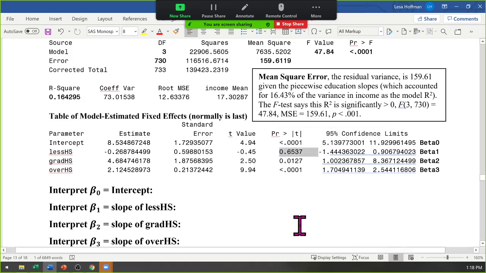And that corresponds to a non-significant p-value. So the probability of finding a slope of minus 0.27 or larger, if the true slope were 0 in the population, is about 65%.